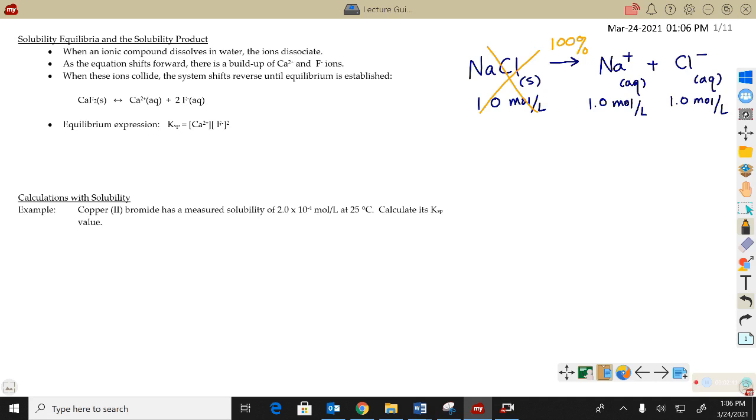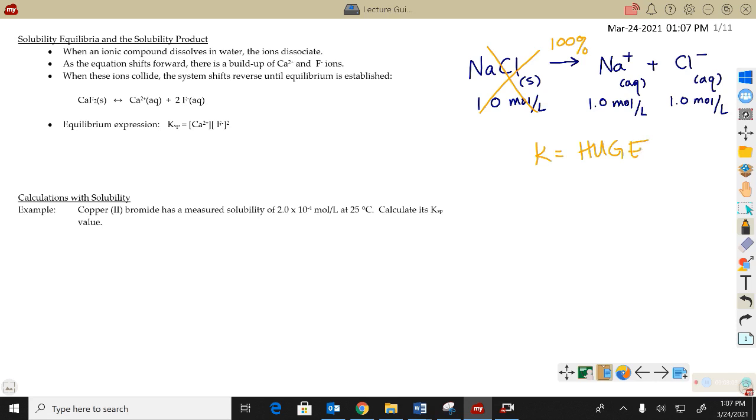And so when you eventually look at these dissociation equations, they do have K values. They do have equilibrium constants. It's just that for something like sodium chloride, when we say that it dissociates fully or goes forward 100%, the K value is huge.